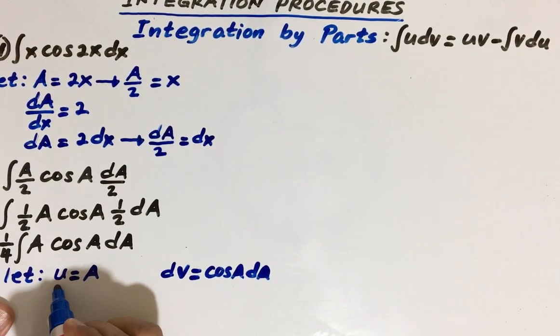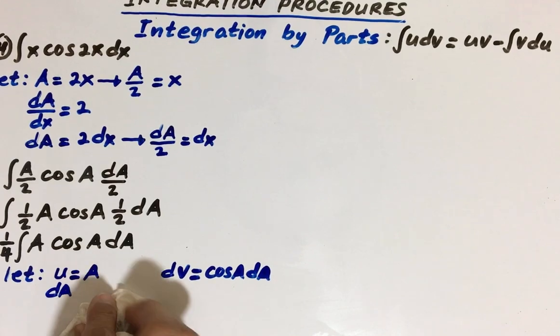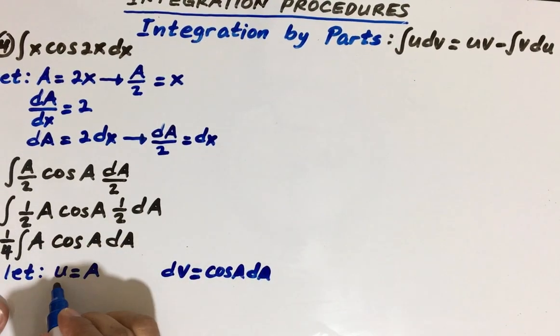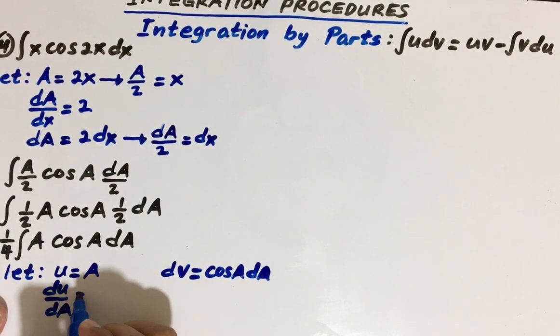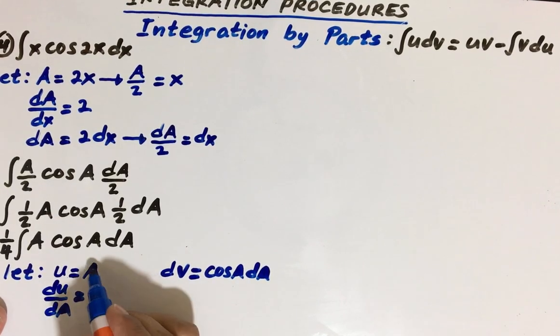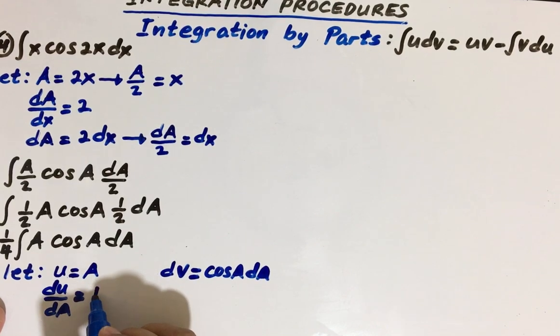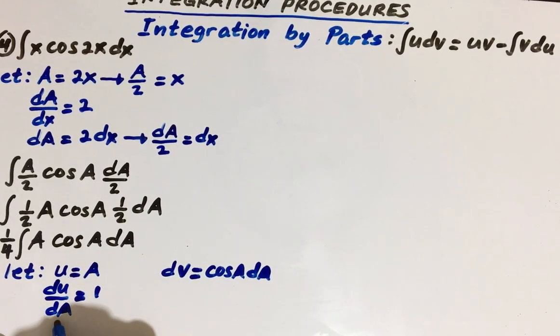Differentiating u with respect to a, we take the derivative on both sides. The derivative of a with respect to a is equal to 1, right? Then multiplying both sides by dA, we have our du equal to dA.